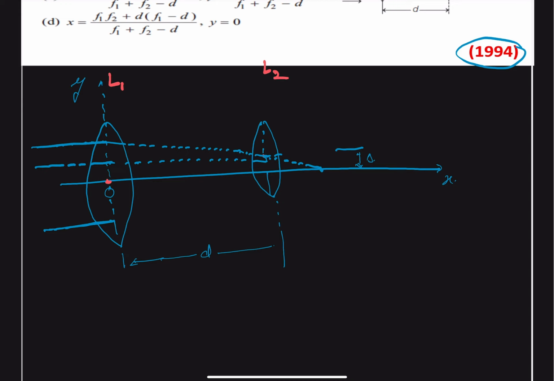And it will be converging in this direction. Similarly, we can draw from the bottom side also. And this will be the focus.